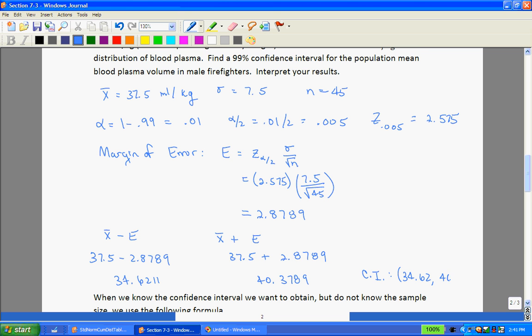So our confidence interval is from 34.62 up to 40.38. And the way we would interpret that, remember we said to be careful about how you interpret that.